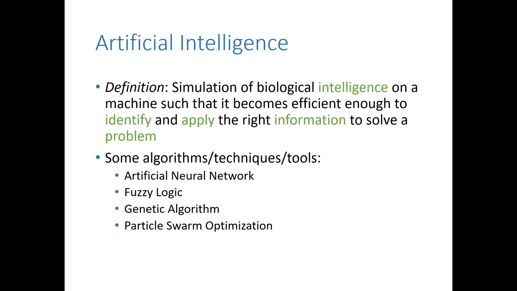If you remember, artificial neural network tries to simulate the human brain or the human nervous system. One of its features is learning, or finding useful information from data.